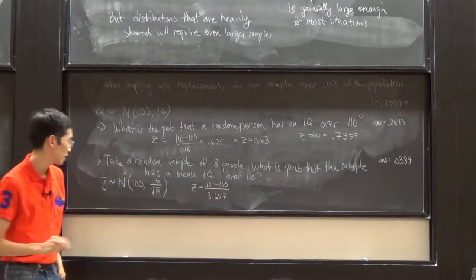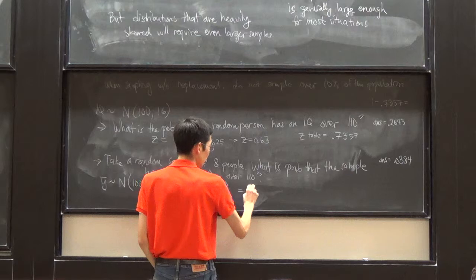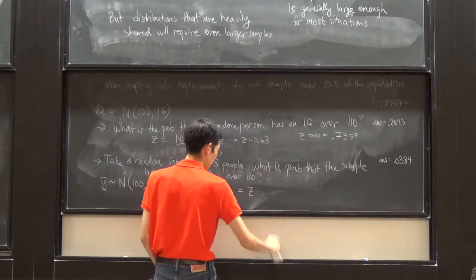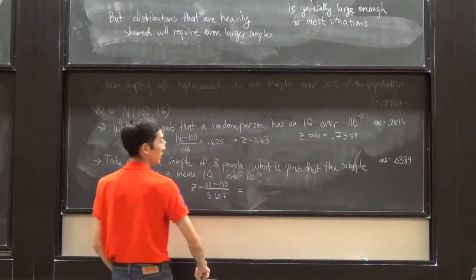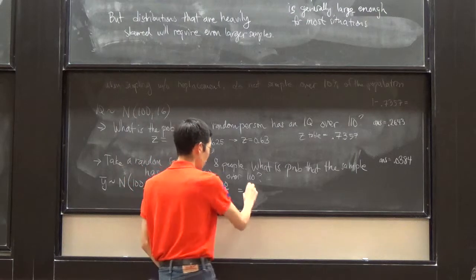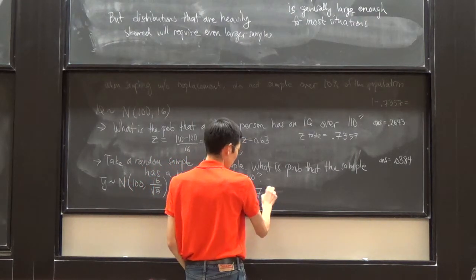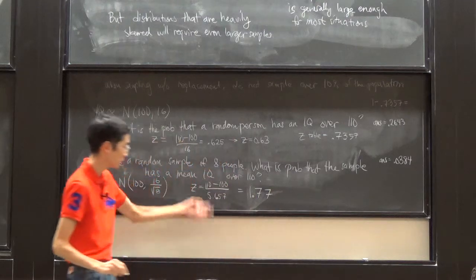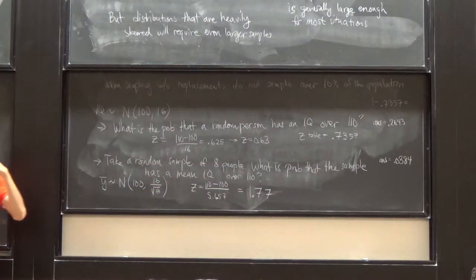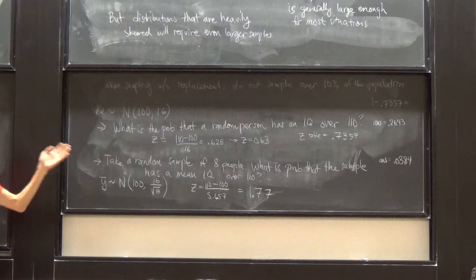So that's my standard deviation, so my z is equal to 1.77. Is that right? Okay, so my z is equal to 1.77, and I'm looking for the area to the right.